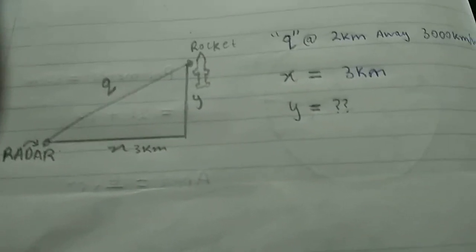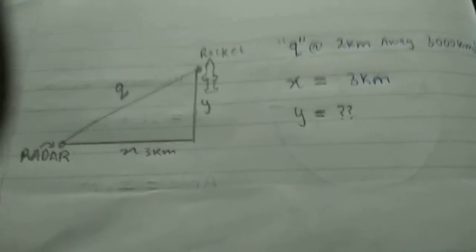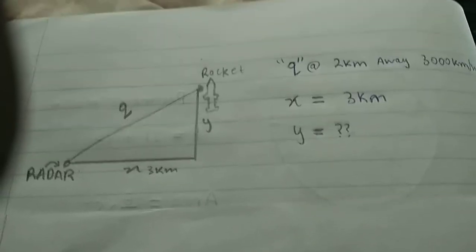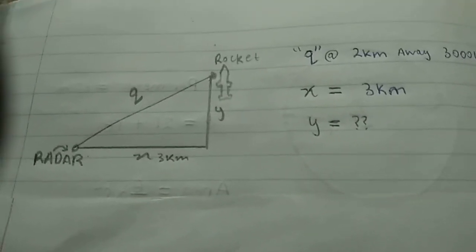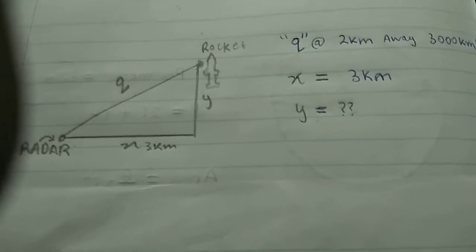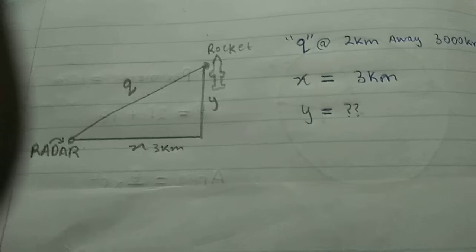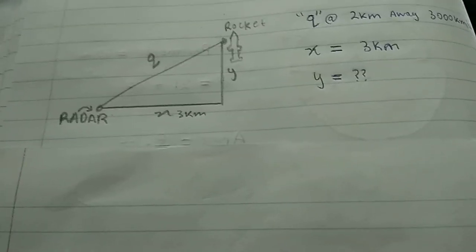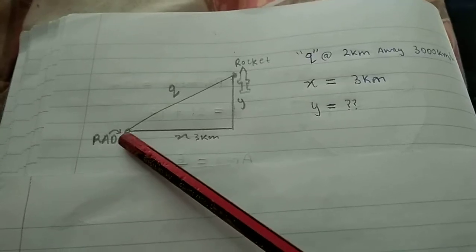From that information we were able to carry on and do a sketch of the situation, which shows the rocket away from the radar. So this is the radar station.